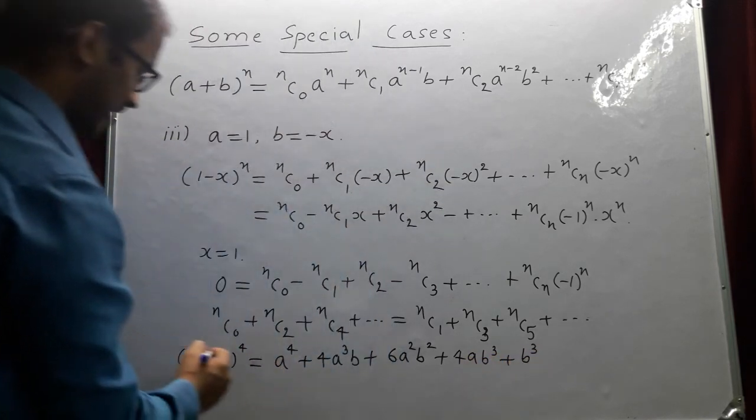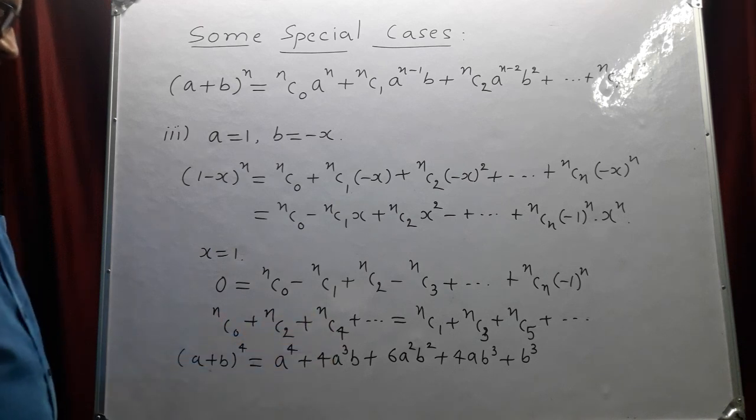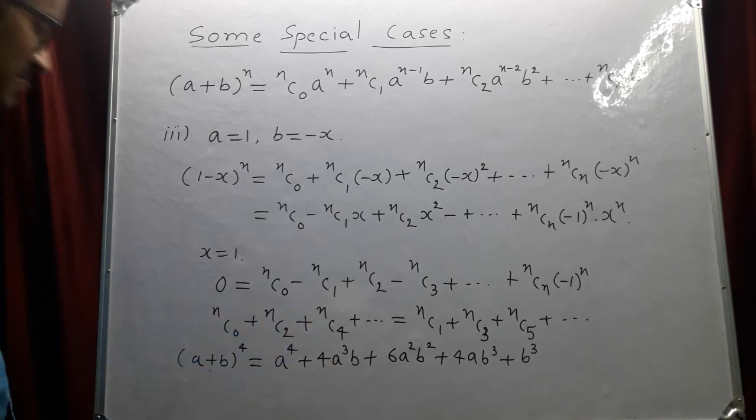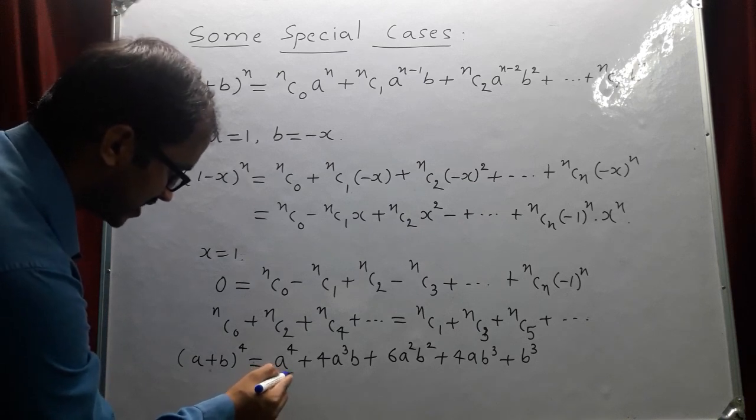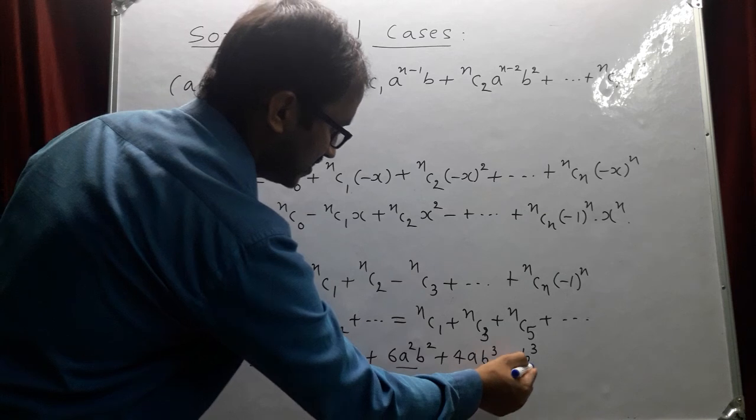So this is the expansion of (a plus b) power 4. If you consider the coefficients at odd terms, this is the first term, this is the third term, this is the fifth term.